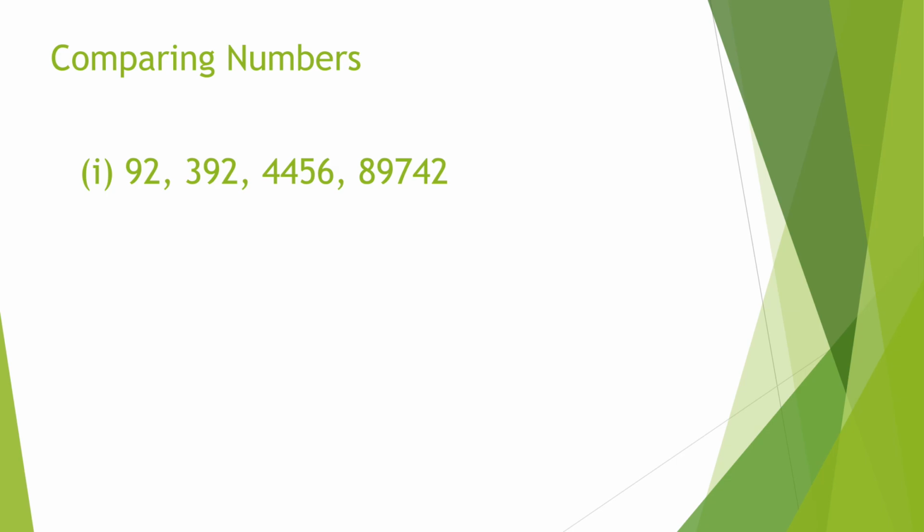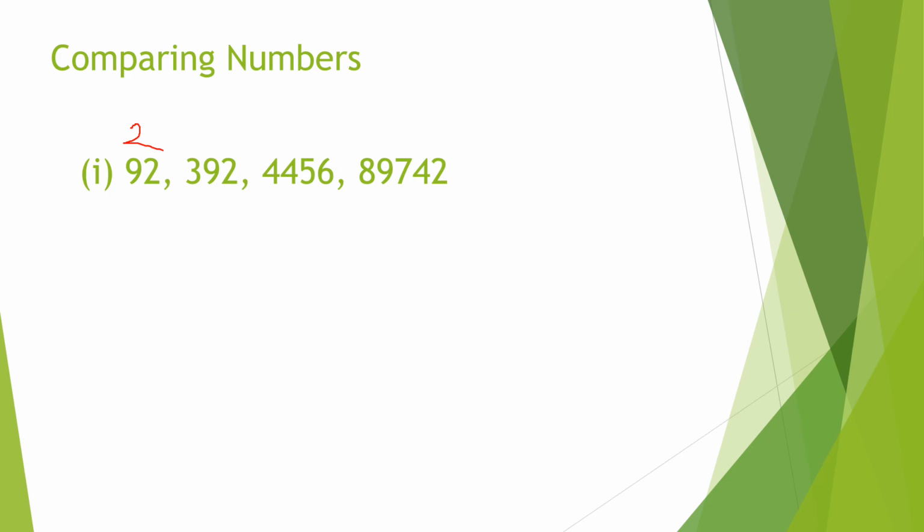See, we have given 4 numbers: 92, 392, 4456, 89,742. We have to find the greatest number. In this case, we have to check the number of digits in each of these numbers. In 92, how many digits are there? There are only 2 digits.